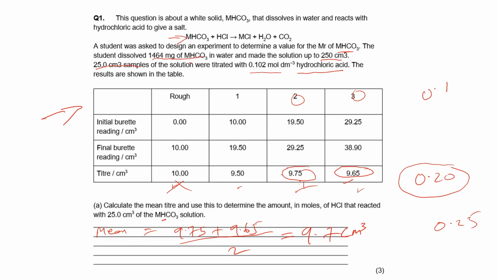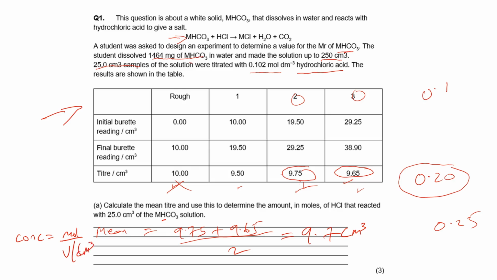Now then we are also asked to calculate the amount in moles of HCl that reacted with 25 cm cube of the bicarbonate solution. Okay, so to calculate the moles of HCl, we know that concentration is equal to the moles divided by the volume in dm cube, right?